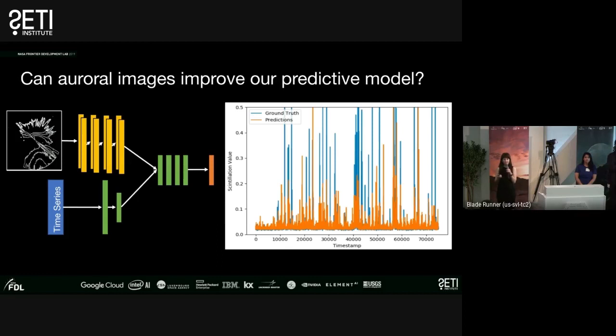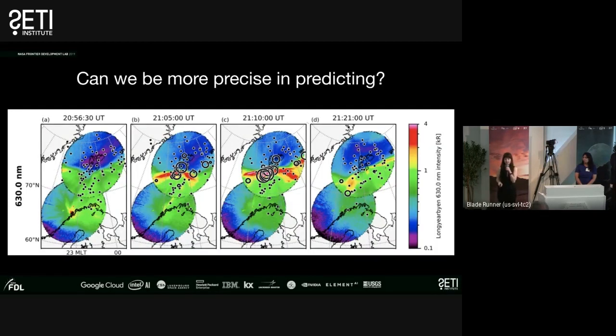We find that it does indeed improve our predictions, and that we can now predict more of when these peaks or GPS disturbances will occur, although we do find that there are also more false positives using this approach.